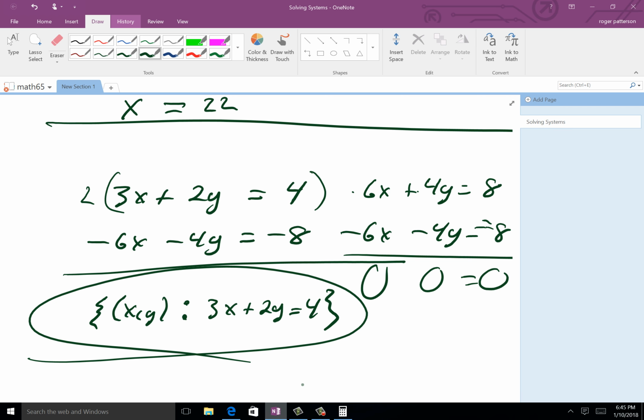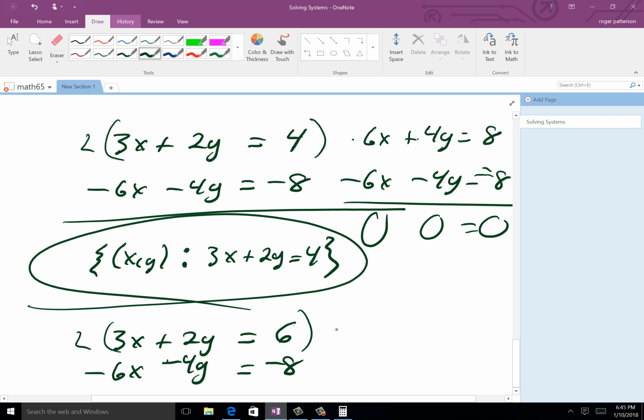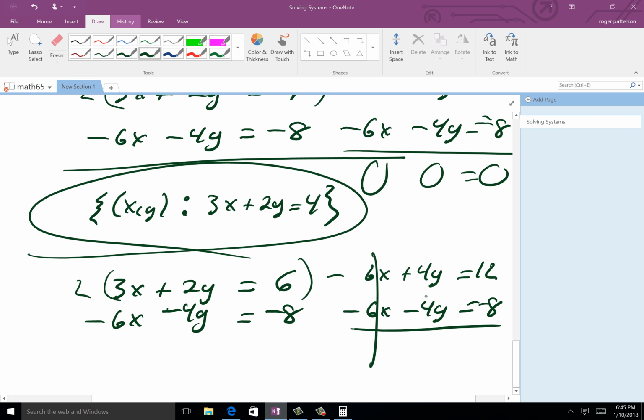All right. Staying with the same type of deal here. So if we have 3x plus 2y equals, I'm just going to change this just a little bit, and then you'll see the difference. So still multiplying by 2, we'd have 6x plus 4y equals 12, and negative 6x minus 4y equals negative 8. And gone, gone.